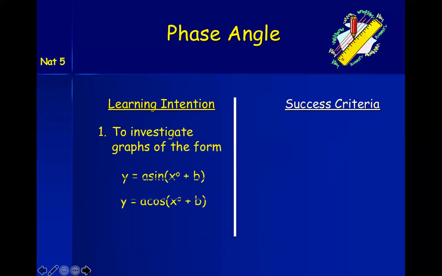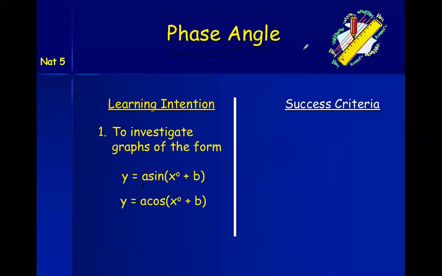So, and the last one, so hopefully we'll be done by 8:30. So we've looked at changing the amplitude. We've looked at changing the period by putting a different value here. This time, instead of changing the period, we're going to change what we call the phase.